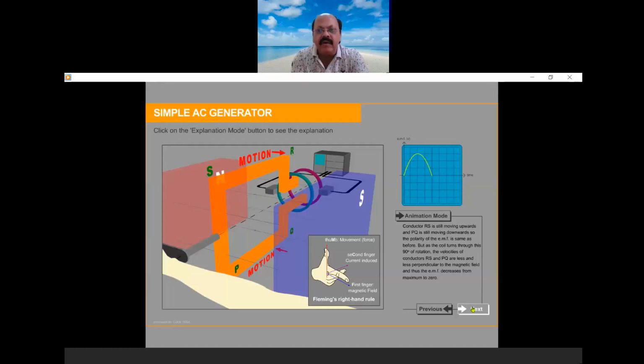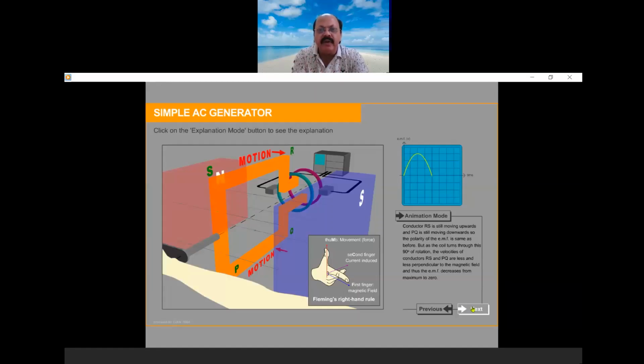But as the coil turns through the next 90 degrees of rotation, that is the time period is half, T/2, the velocities of conductors RS and PQ are less and less perpendicular to the magnetic field, and thus EMF decreases from maximum to zero, as you see in the graph.